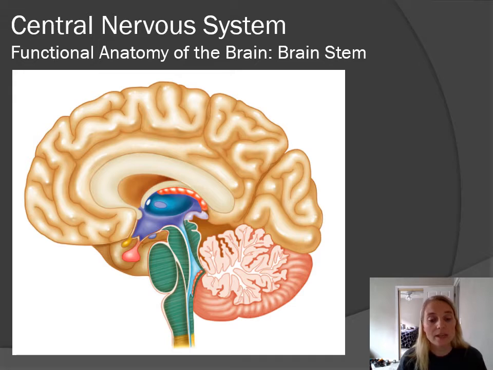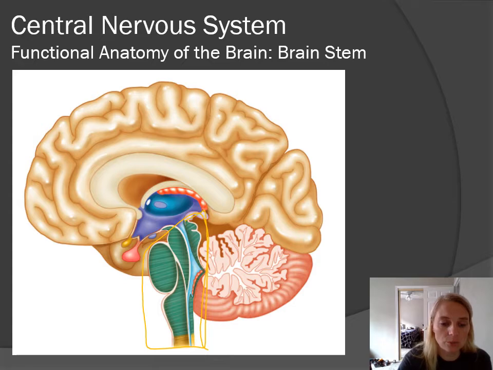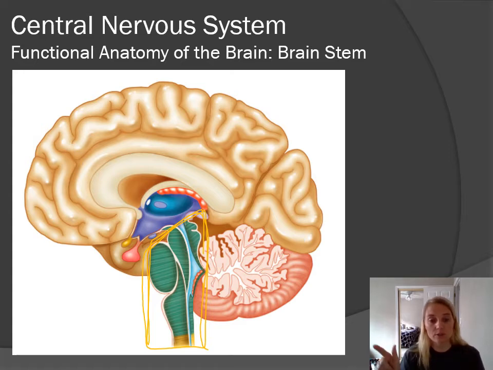Okay, so then the next thing we're going to take a look at is the stalk, if you will, because sometimes people think the brain looks like a big mushroom, and I guess it kind of looks like a big mushroom. So now we're going to take a look at this stalk. So this is our brain stem. So kind of moving from the top down, we covered our cerebrum, the diencephalon, and now we're going to take a look at the brainstem. So the brainstem has three major regions.